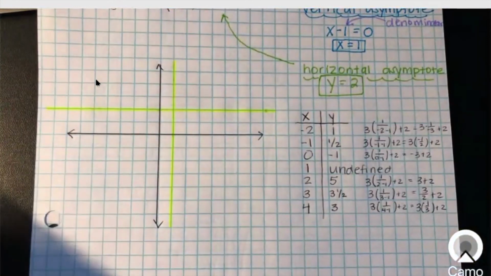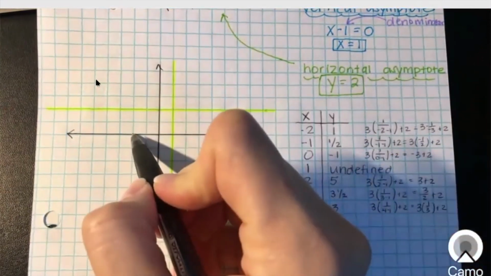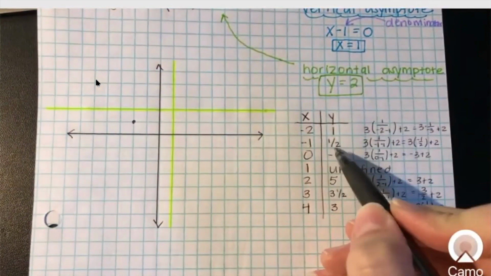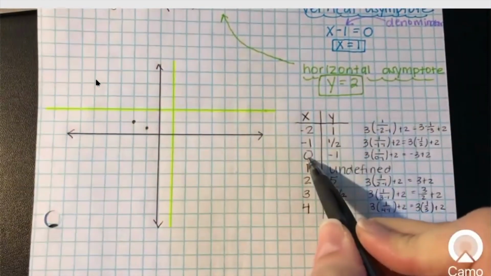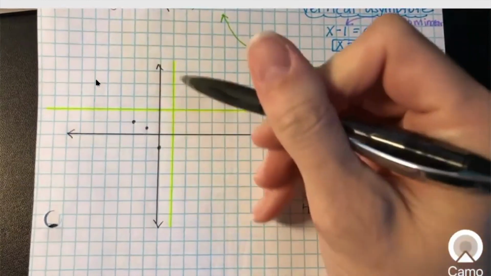And now I can plot my points. Okay, so I have -2, 1. So -2 up 1. Then I have -1, 1/2. 0, -1. And then I'm undefined.